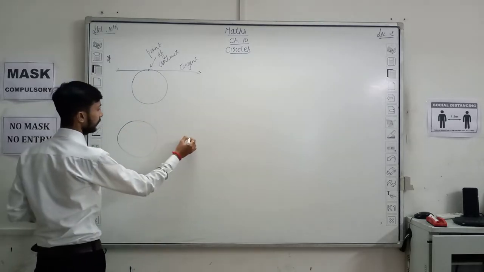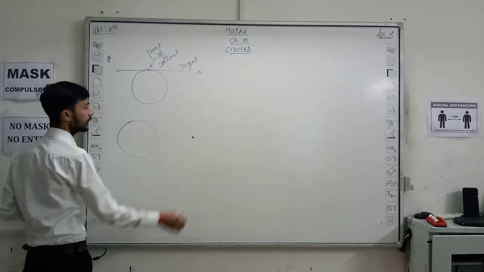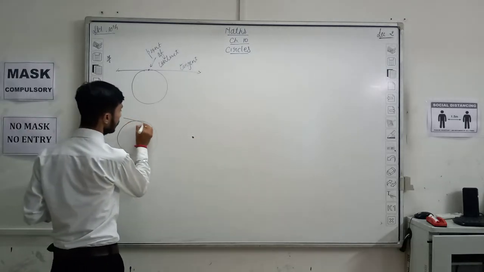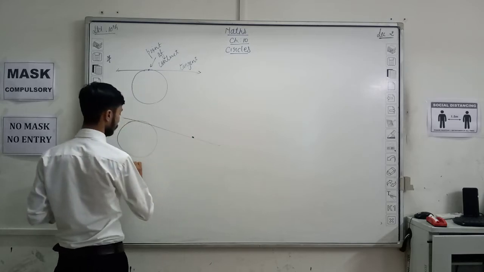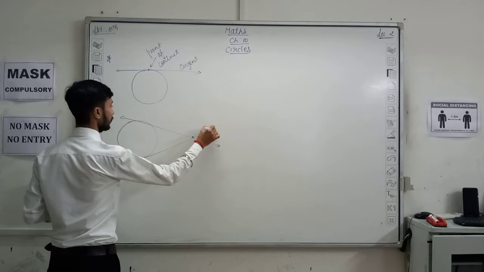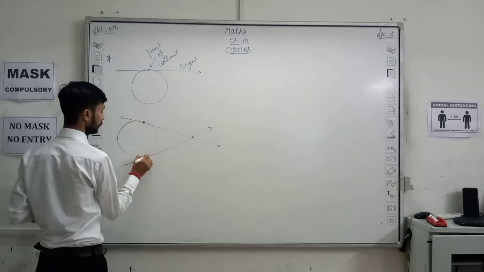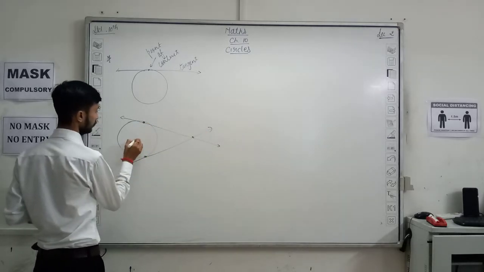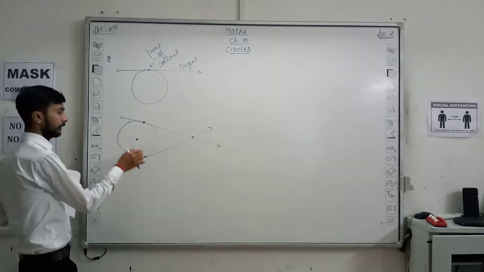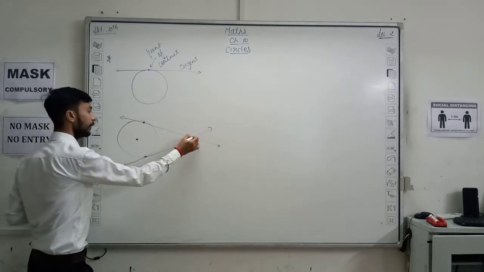Now suppose a point is outside of a circle. There are two possible tangents, number 1 and number 2, right? Which touch the circle at two distinct points.